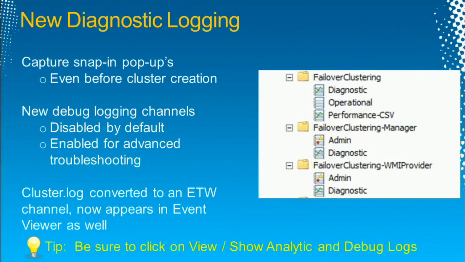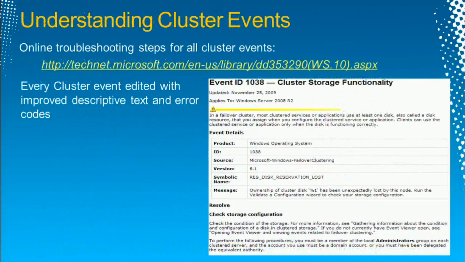Once you start increasing your log levels to get some of the deeper debugging or diagnostic stuff, it'll start getting logged here. And you can actually see them. Once you enable the diagnostic logging, you cannot see events in real time. You have to actually disable it to start seeing the events that show up. The cluster logs are now part of these ETW channels, the tracing is what we're doing.